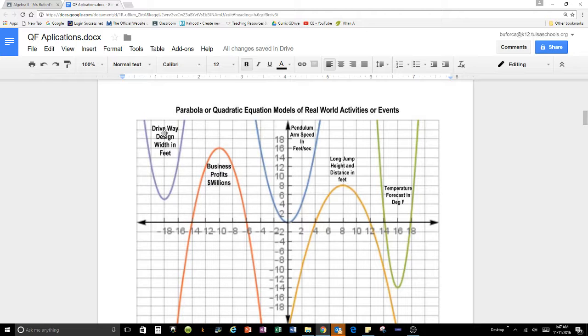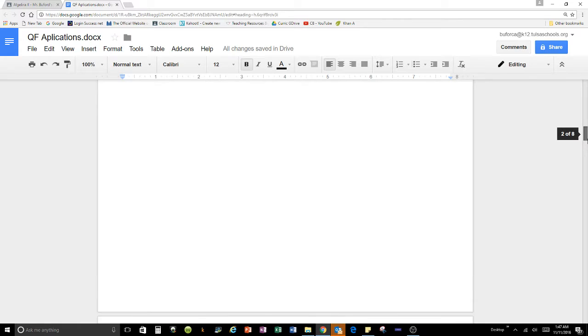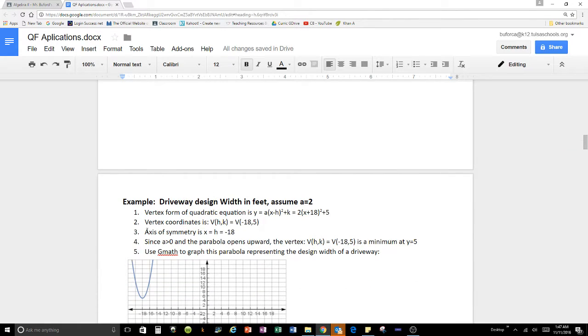And this is that line, x equals minus 18, which is also the value of h. And that's why we have that there. The axis of symmetry is x equals h, which equals minus 18.